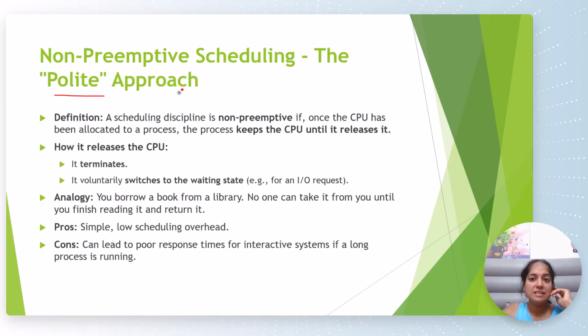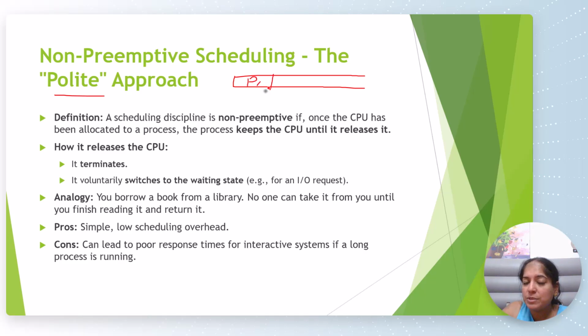Now, let's discuss what we mean by non-preemptive scheduling. In non-preemptive scheduling, if a process is being executed by the processor, let's say process P1, the CPU is executing this process.